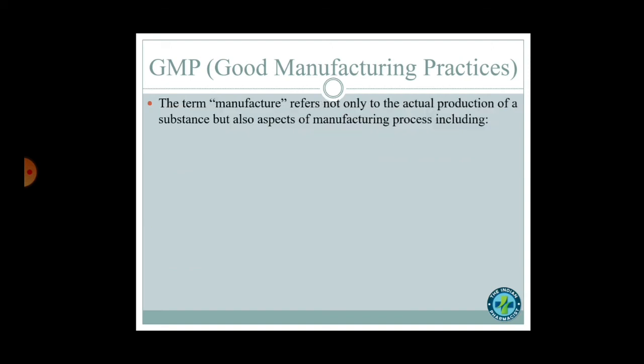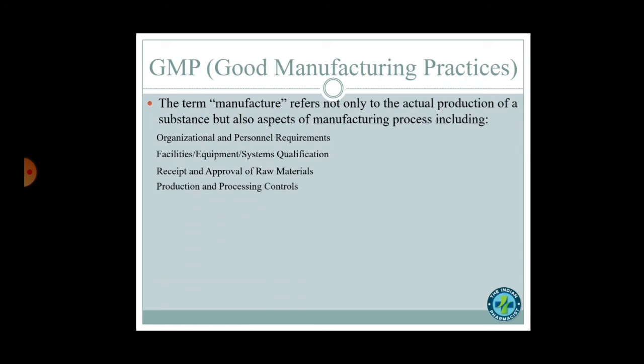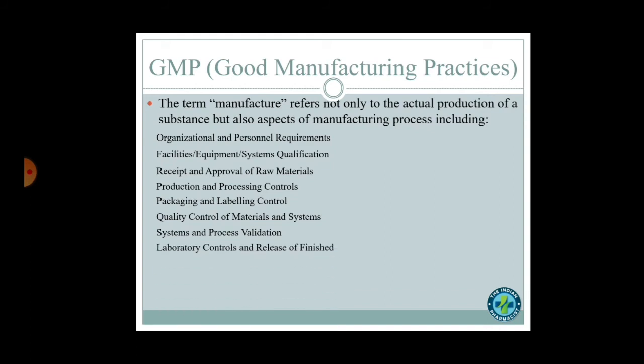The term manufacturing refers not only to the actual production of a product or substance but also to the aspects of the manufacturing process, including organizational and personnel requirements, facilities, equipment, system qualifications, receipt and approval of raw materials, production and processing controls, packaging and labeling control, quality control of materials and systems, and process validations, laboratory control and release of finished products, product stability testing, storage and distribution.